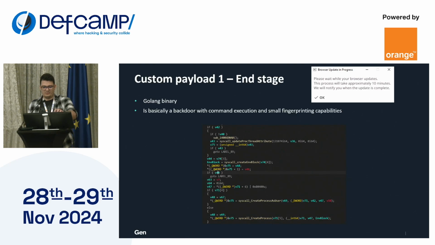And the end stage, we can see this is the PE that's running. This is just displayed to the user, and that's that. The window will remain hung, and the user will eventually figure that something's wrong and think that maybe the updater is broken or something. But in the background, the PE file is a big Go executable, which acts as a backdoor.